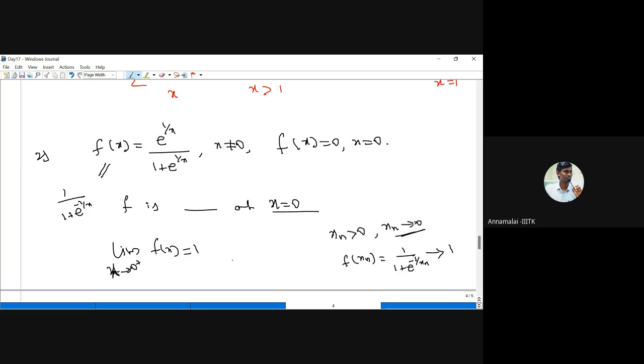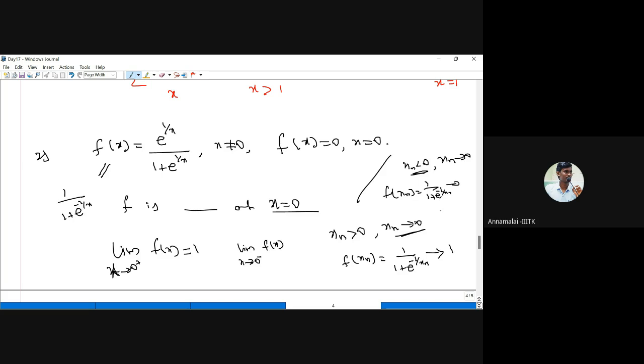What about the left hand limit? Limit x goes to 0 minus of f of x. If you take any sequence xn which is less than 0 but converges to 0, then f of xn is again 1 by 1 plus e power minus 1 by xn. But the xn are negative, therefore minus 1 by xn is positive.